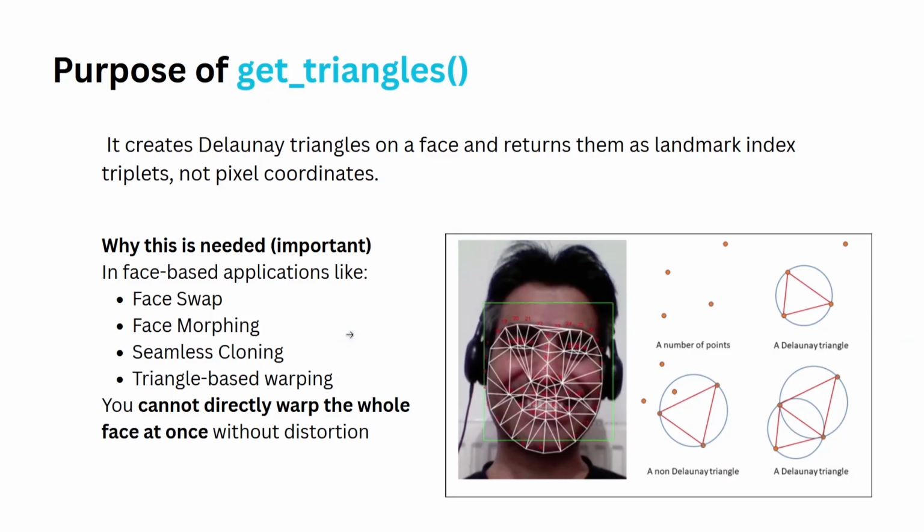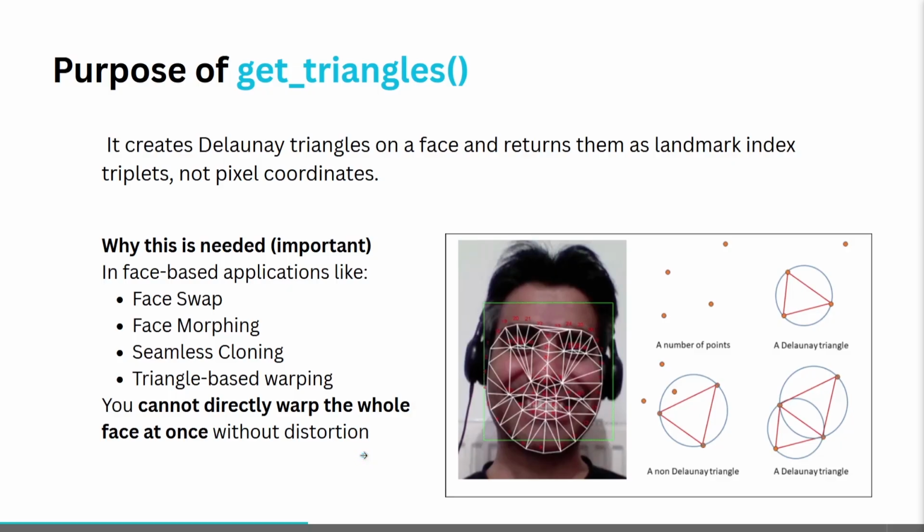In face-based applications like face swap, face morphing, seamless cloning, and triangle-based warping, you cannot directly warp a whole face at once without distortion. Instead, the face is divided into small triangles and each triangle is warped individually. As you can see in this example, each of the triangles is warped individually.